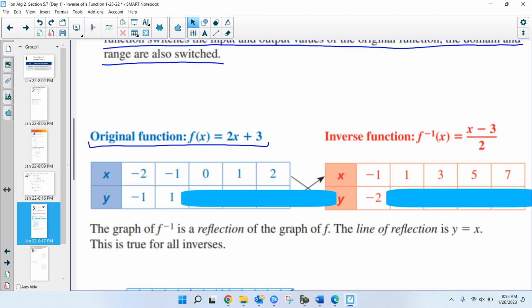So if -1, 1 is a point on the original, then 1, -1 is a point on the inverse. On this one, 0, comma, plug in 0, 0, 3. On this graph, 3, 0.